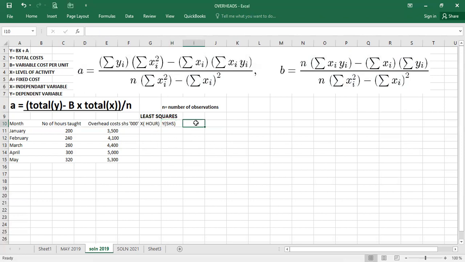So we get our X and Y. They are also in shillings. We also need our X squared. Now we can call it X multiplied by X. That's our X squared.